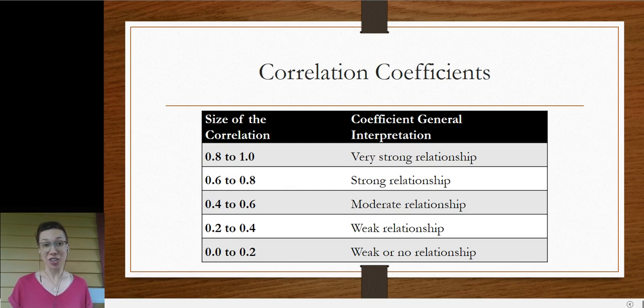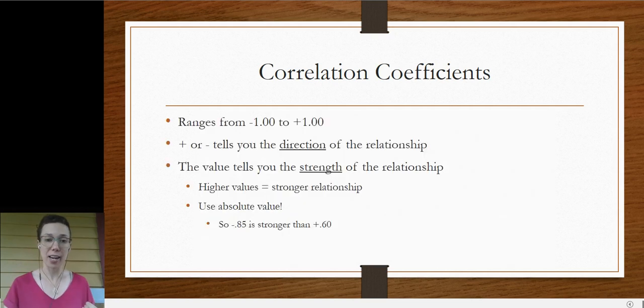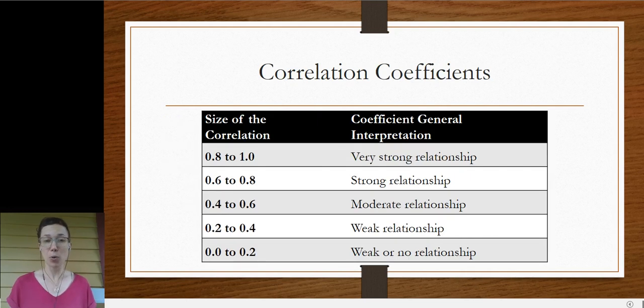It's also a negative relationship, but it's still a very strong relationship, because to interpret the strength of the correlation coefficient, we ignore that negative sign. So our calculation of negative 0.85 is going to be stronger than a calculation of 0.60, because 0.60 is within that moderate range.